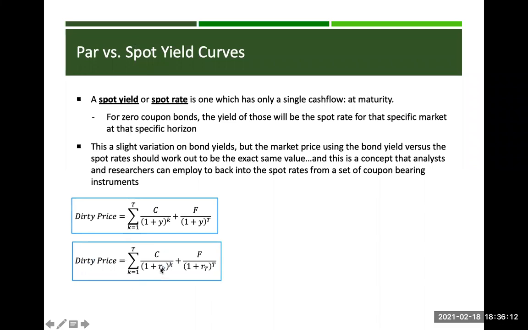The second equation is using all the different spot rates. So if this is a 10-year bond, it has one yield, but there are 10 different spot rates. One for 1 year, one for 2 year, one for 3 year, 4 year, 5 year, all the way on to 10 year. There are 10 different rates to keep track of.